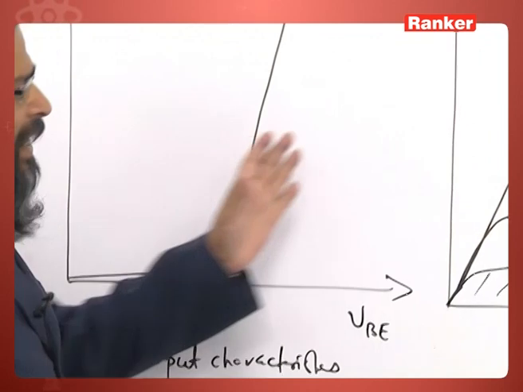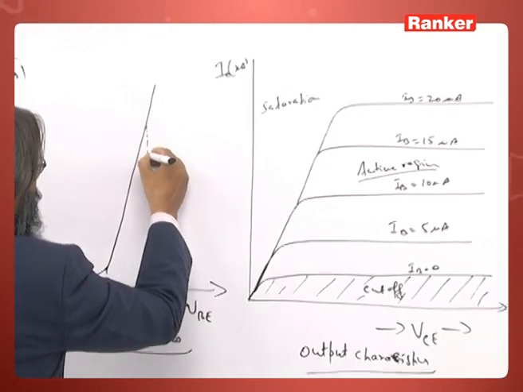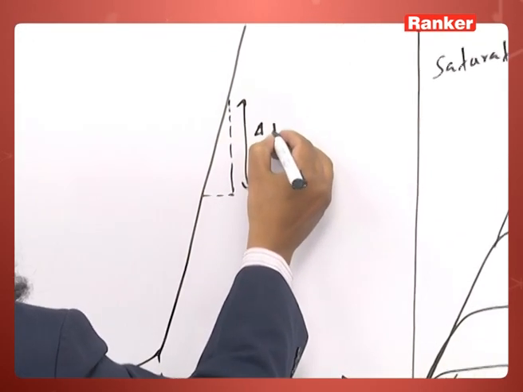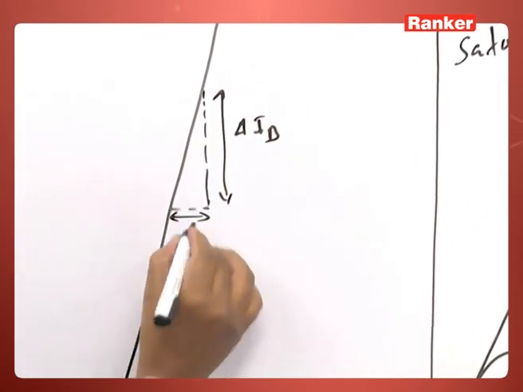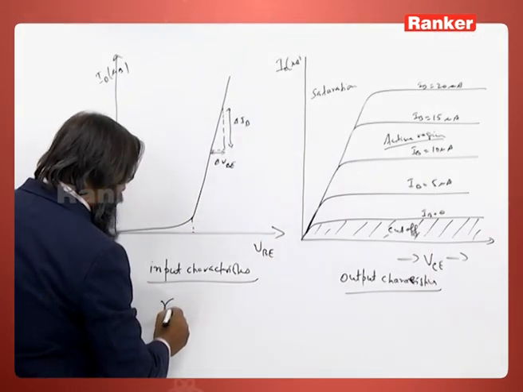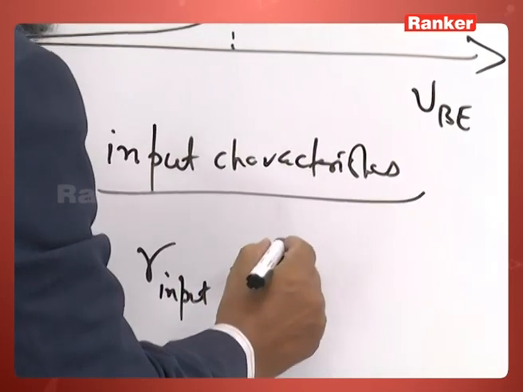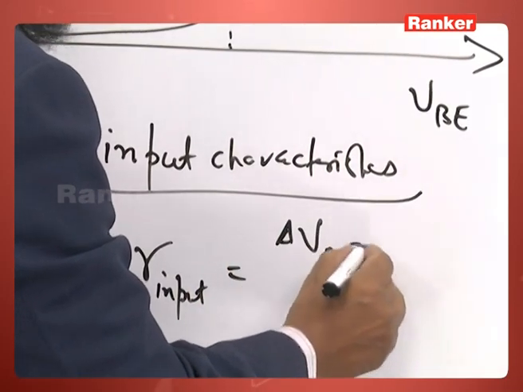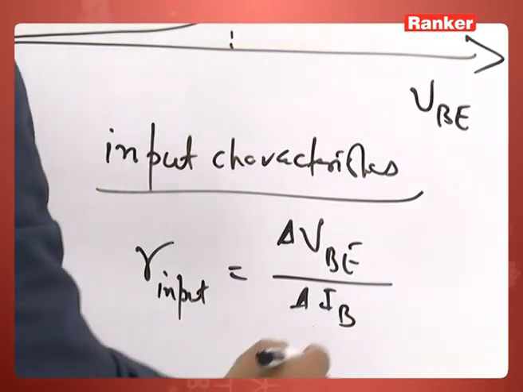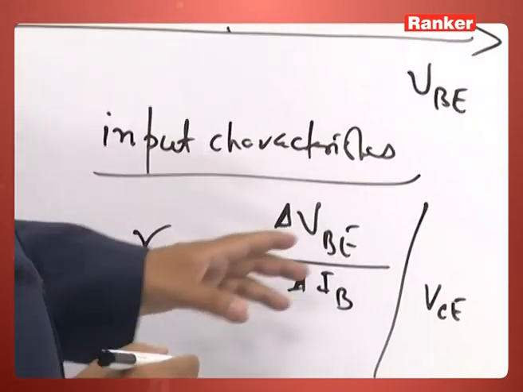Now, by studying these graphs, suppose this value is delta IB and this value is delta VBE. So, we define input resistance R input as the ratio of delta base emitter voltage by delta IB at constant VCE.